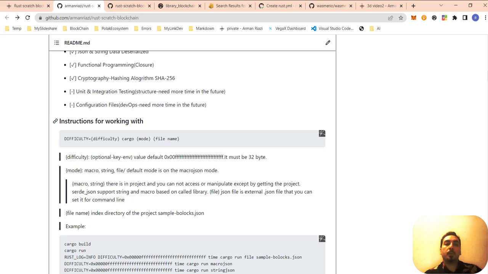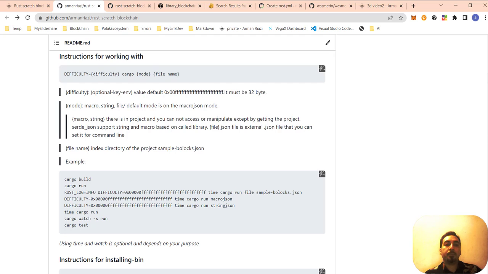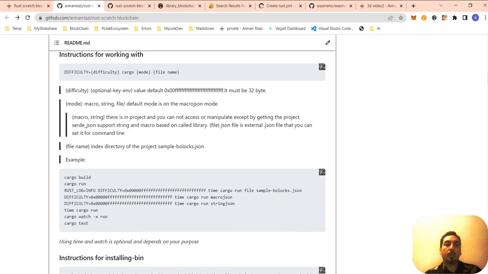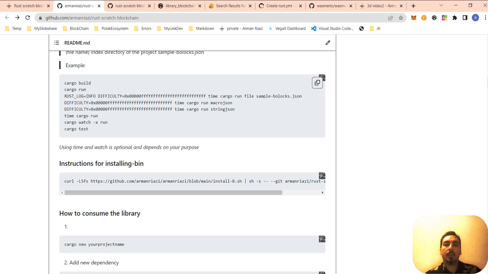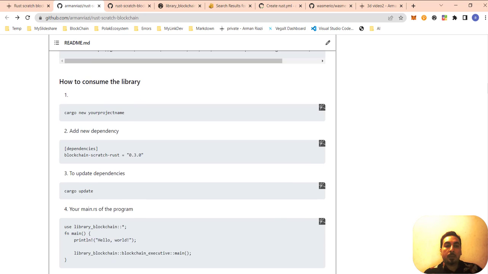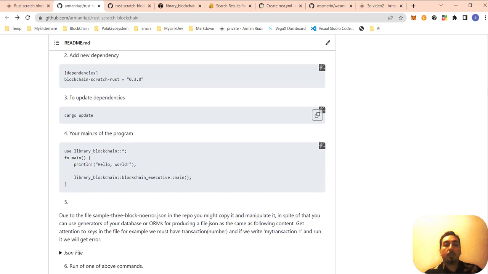The project uses functional programming like Clojure and the cryptographic hashing algorithm SHA, and for instructions on working, you can access this section for building and running the three types of runner. And for consuming the project, you can use the library as a dependency in your cargo new binary project.